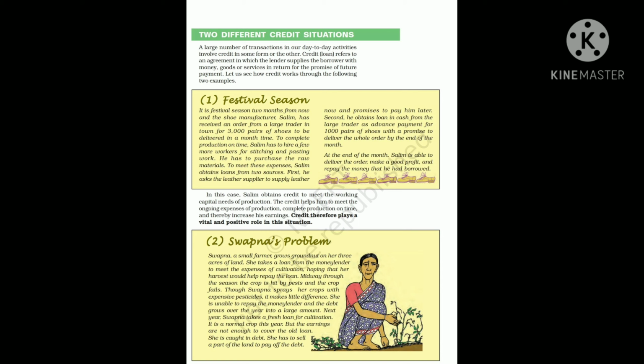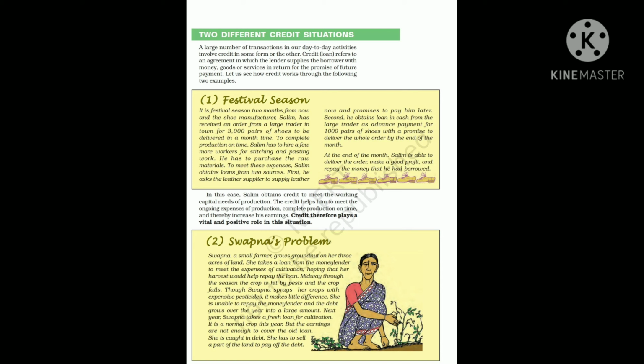Now, next we have to study about the terms of credit. In fact, under certain conditions, the banks provide the loan, and these conditions are known as the terms of credit. The very first one is interest: borrowers have to pay certain interest fixed by the bank.